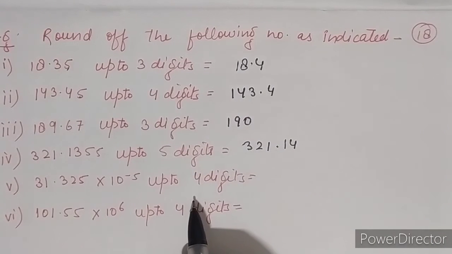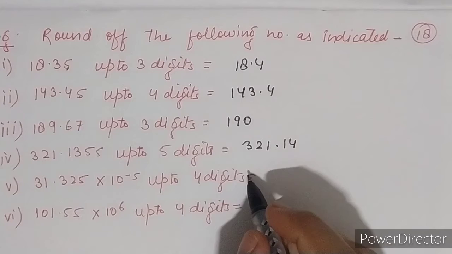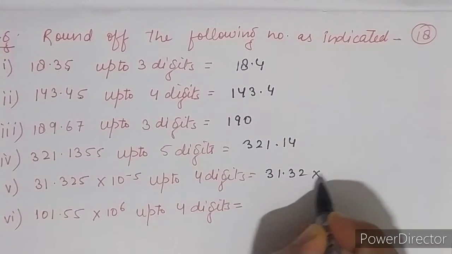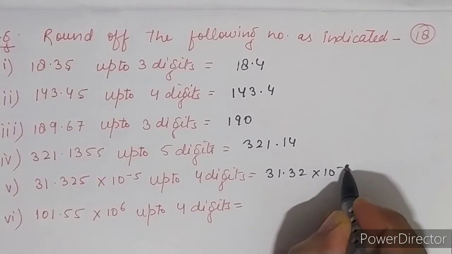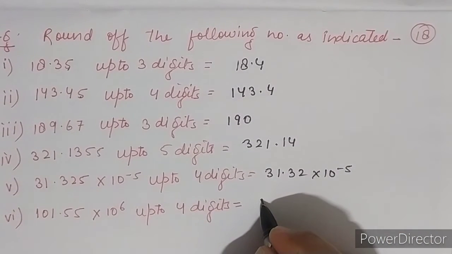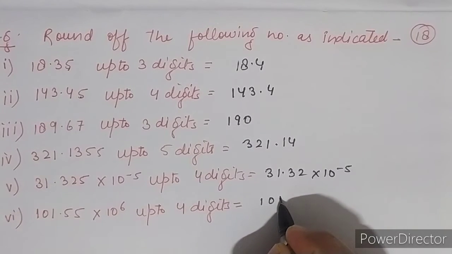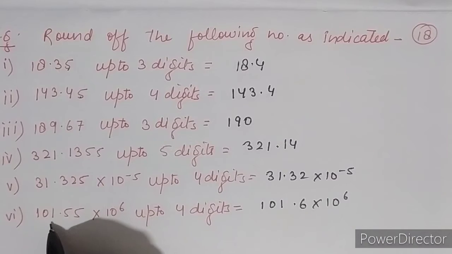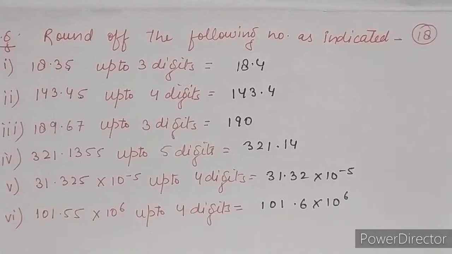Up to 4 digits, it will be 31.32 into 10 to the power minus 5, because this is the even number. Up to 4 digits, 101.6 into 10 to the power 6, because this one is an odd number. Clear? So this is how we can round off the values.